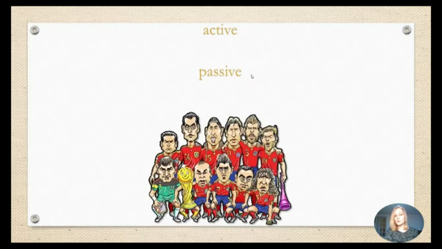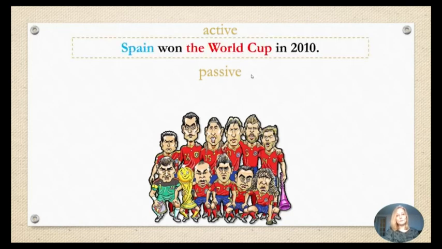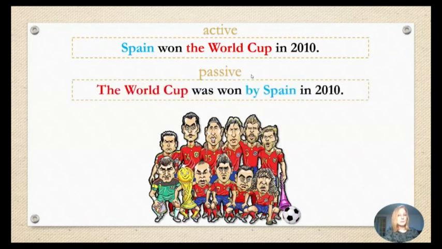And I'm sure you know who these men are. It's the Spain football team. So Spain won the World Cup in 2010. The World Cup was won by Spain in 2010.